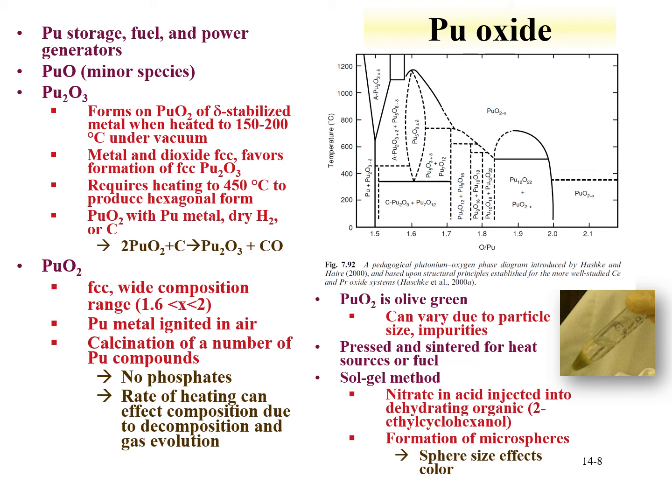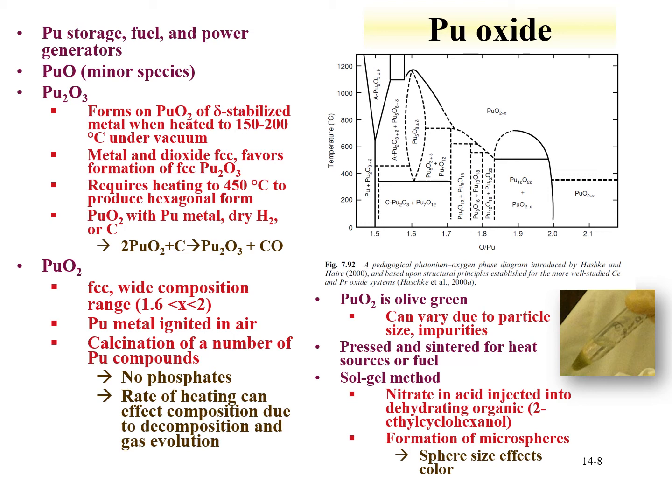The dioxide has a wide composition range, where it's face-centered cubic. You can produce this from oxidation of plutonium metal. For instance, if plutonium metal is ignited in air, you will get PuO2, or by calcination of a number of plutonium compounds.